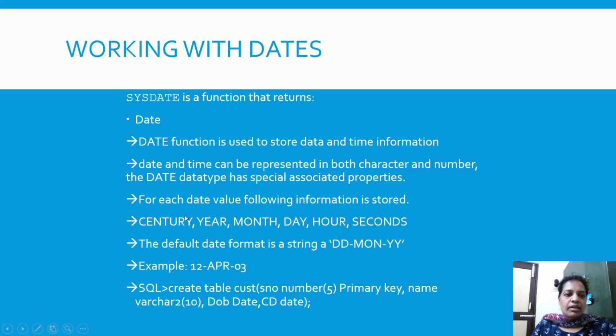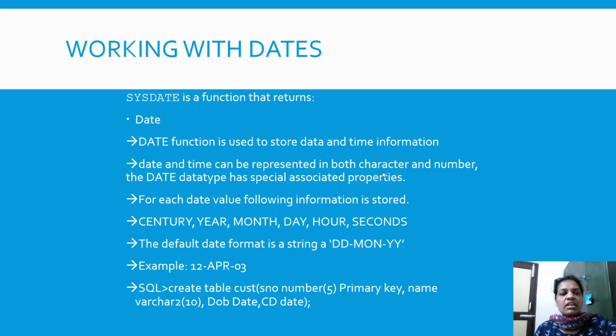So when we say date, the system date is a function that returns the current date. The date type is used to store date and time information. Date and time can be represented in both character and numbers when you are creating a table.